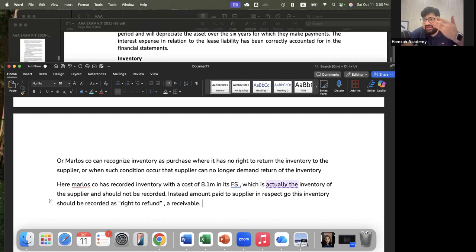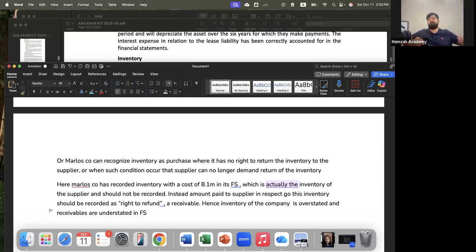So now this is incorrect treatment. Hence, the inventory of the company is overstated and receivables are understated in the financial statements. That is the impact.